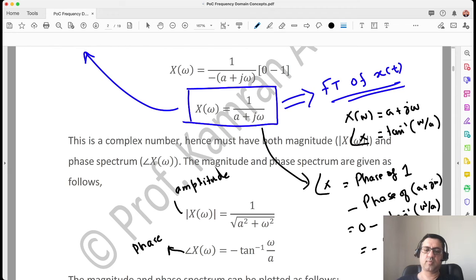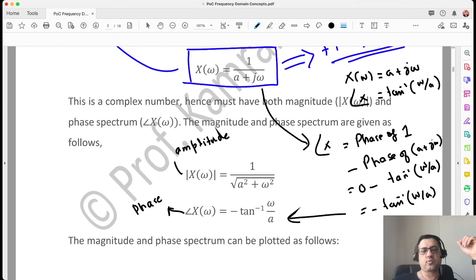This is how we get it, right? Simple, because phase is like phase of the numerator minus phase of the denominator. Now phase of the numerator is 0. Why? Because it's a real number, 1. There is no imaginary term with j, so it's 0. So 0 minus tan inverse of omega over a.